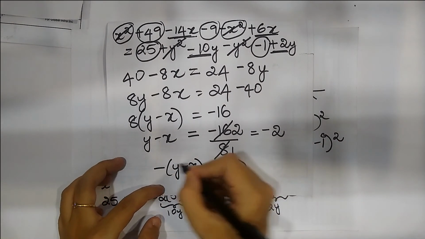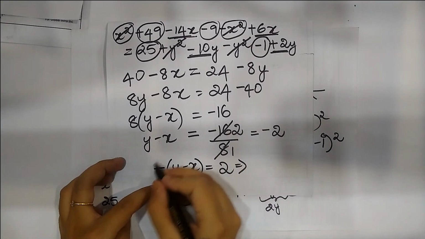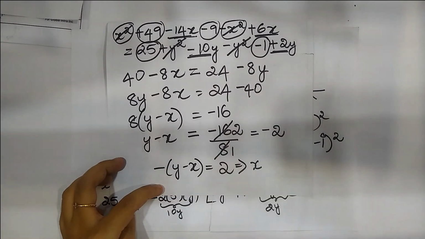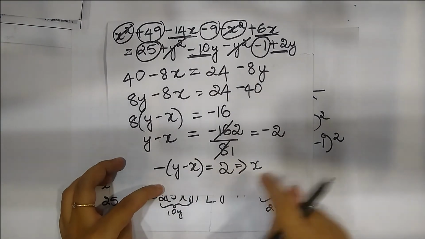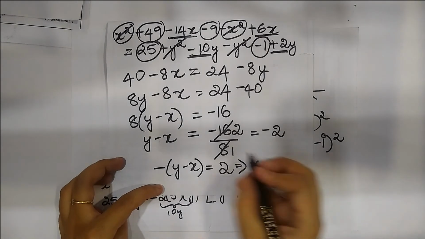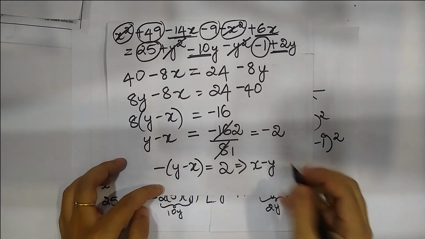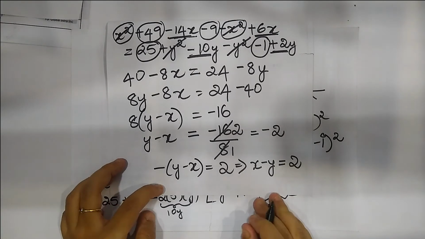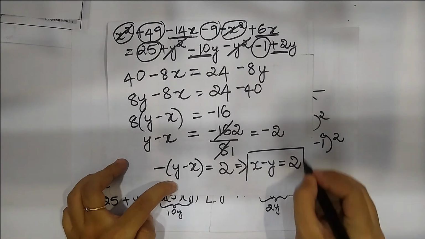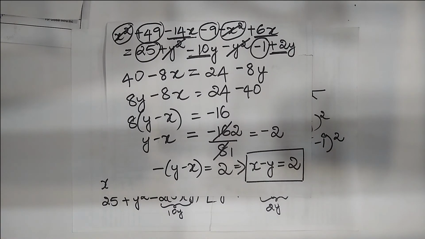Now if you see, minus of minus is plus. So you can actually place the positive number first. Minus of minus is plus. So plus x. Then you can place the minus y. So x minus y will give you 2. And this is the relation that you get between x and y. Finally, you are done with the problem related to equidistance.